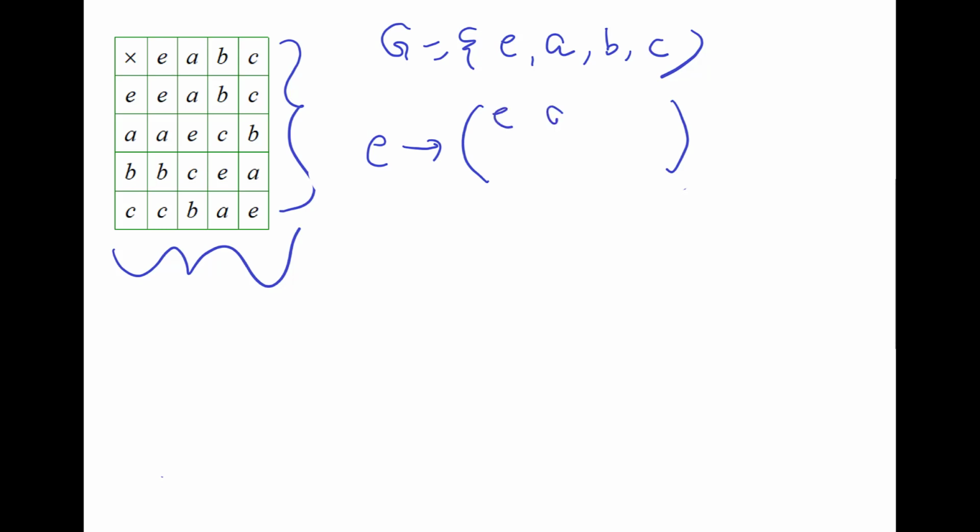What happens according to that left multiplication? If we look at E, A, B, C, that goes to E, A, B, C, just this portion right here.